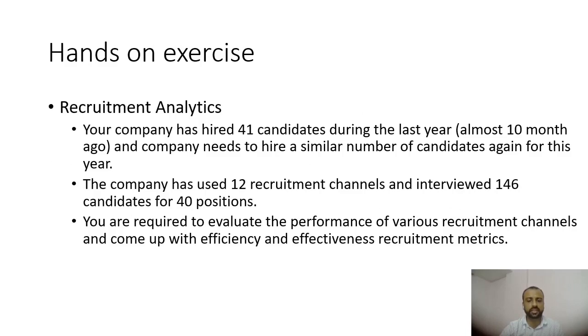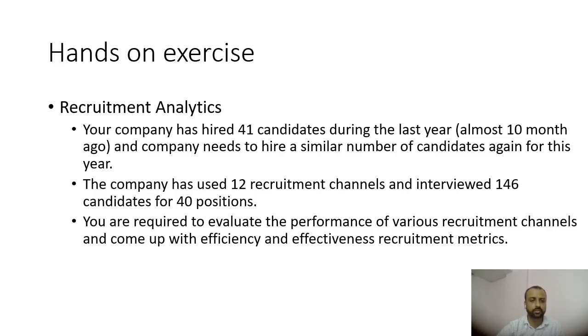In this exercise, you are working for a company which is into hiring employees. The company has hired 41 candidates in the last 1 year using some recruitment channels, and the company wants to hire a similar number of candidates this year. The information that you have is that the company hired 41 candidates after interviewing 146, and the company has used 12 different recruitment channels.